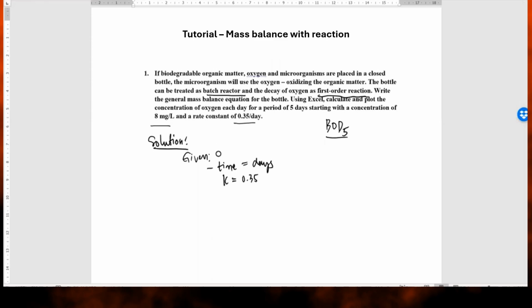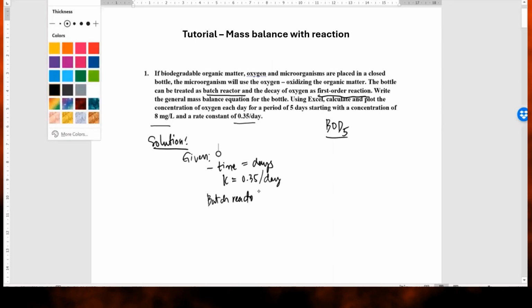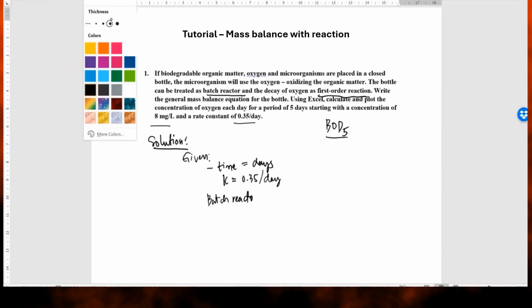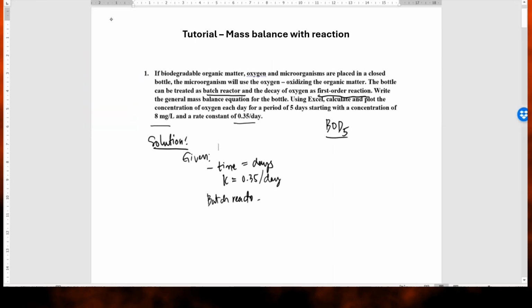Then we have a batch reactor, and the given is a first order reaction.